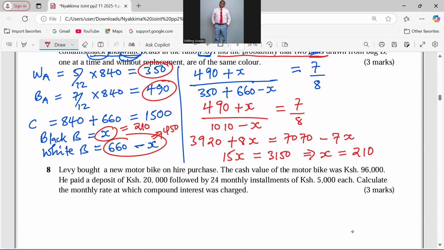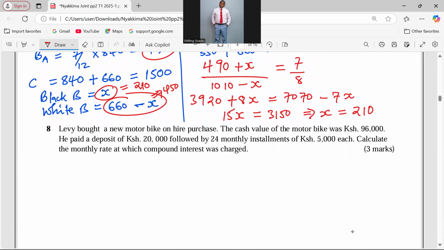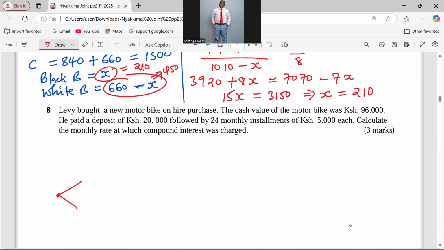So now allow me to do a tree diagram using 210 and 450. From bag B now, we can select either black or white. Selecting a black the first time will have a probability of 210 over 660, and white will be 450 over 660. Then we can pick again, whereby we can still pick black or white.